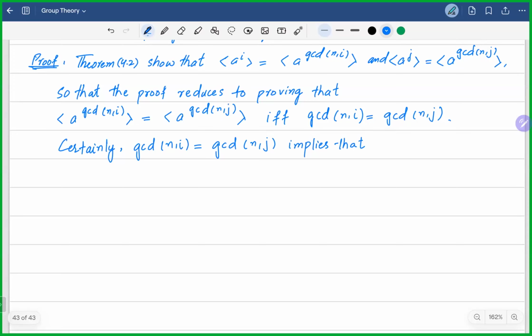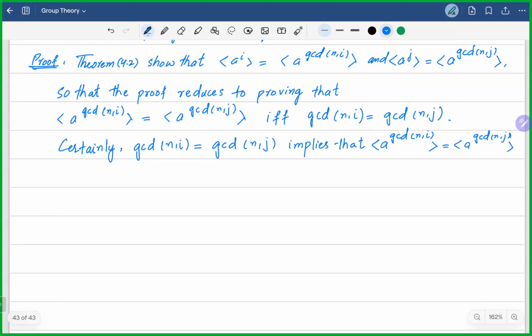The sets generated by these powers are equal: the set generated by a^GCD(n,i) is equal to the set generated by a^GCD(n,j).